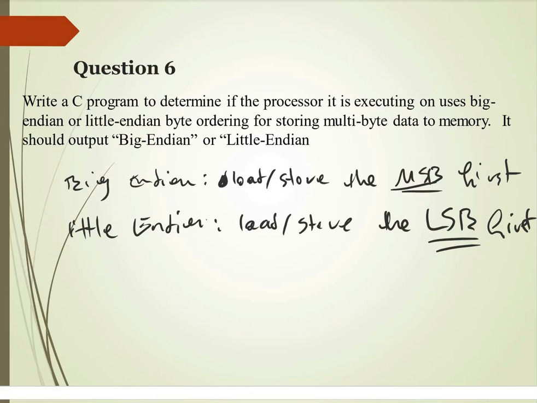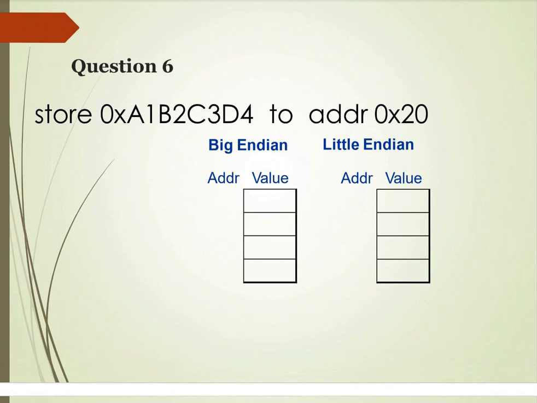Let's look at an example to see how it works. Assume that we want to store 0xA1B2C3D4 at the address 0x20. If we are using big endian, we store the MSB first. So we store A1, which is the MSB of this multi-byte data, at 0x20.